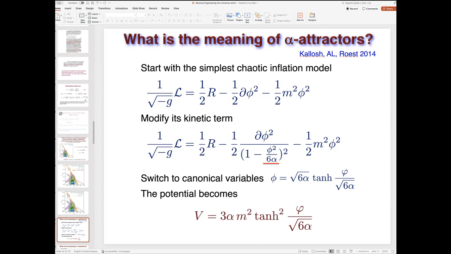We did another trick with this theory, and we got a potential which was a hyperbolic tangent. That was the beginning of this, and it was only because we were excited by the Planck result saying there is no non-Gaussianity, so you have a way to go, and this way goes possibly towards the Starobinsky model and Higgs inflation.